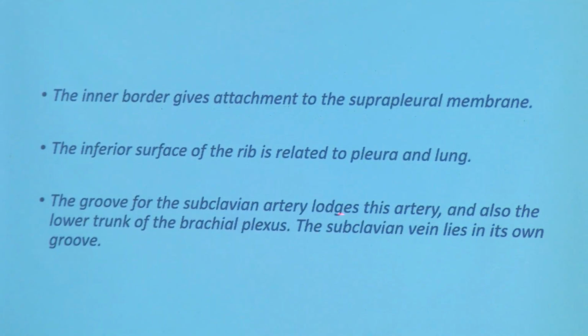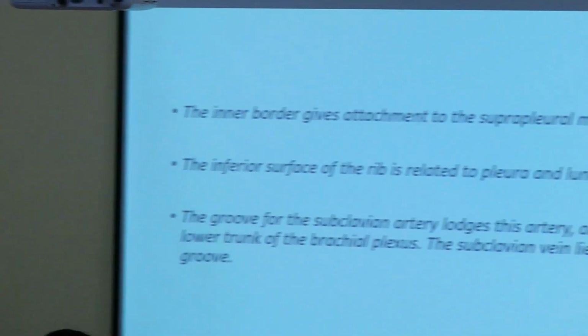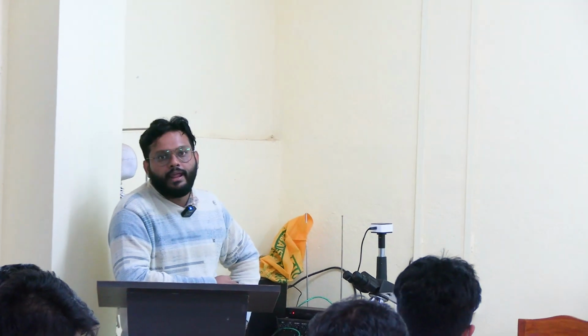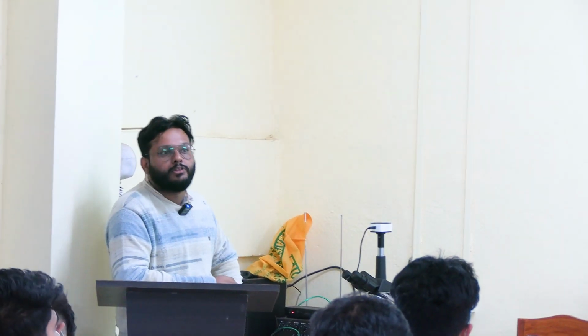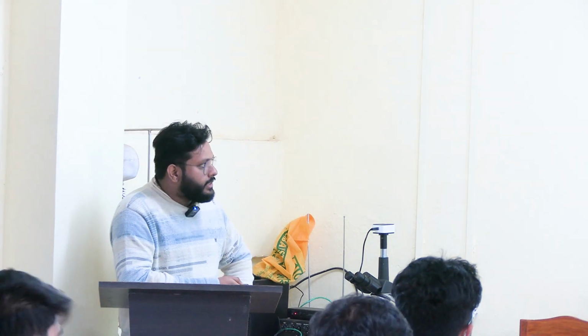The groove for the subclavian artery lodges this artery. That means in the groove for the subclavian artery, the subclavian artery is there, and with it there is another structure, that is the lower trunk of the brachial plexus. This one is also passing through the groove. Okay. And where will the subclavian vein be? Obviously, the subclavian vein will lie in the groove for the subclavian vein.